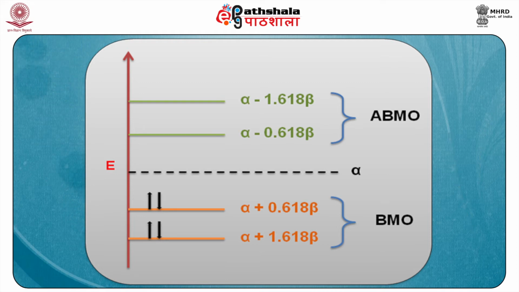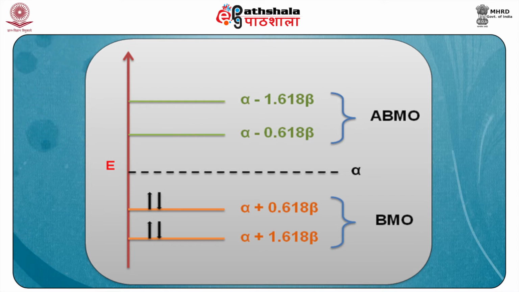And now, since you know that butadiene contains 4 pi electrons, these electrons have to be accommodated in these molecular orbitals. And since a molecular orbital cannot contain more than 2 electrons, the first 2 electrons will go to the bonding molecular orbital with energy equal to alpha plus 1.618 beta.